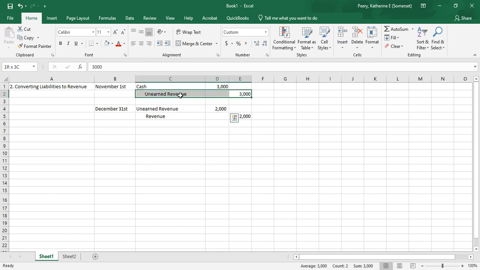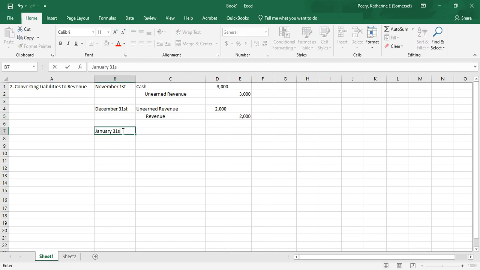So we still owe them $1,000 worth of work, right? But by doing this, we can make sure that the revenue stays on the income statement for this current year. It doesn't get put in the next year, right? Because then we wouldn't be lining up when we actually earned the revenue. Remember, accrual accounting, we're trying to make sure everything lines up in the time period it actually happened in.